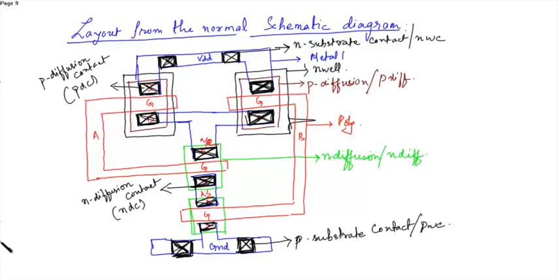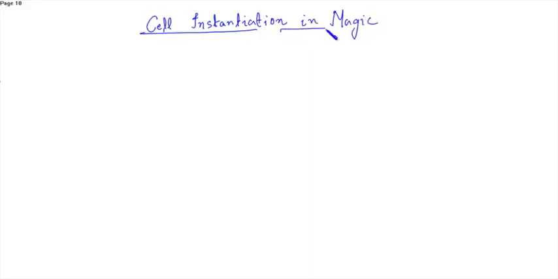Now let's see another procedure for drawing this, that is using the cell instantiation process in layout. In Magic, we can use cell instantiation since we'll be drawing the layout in Magic.